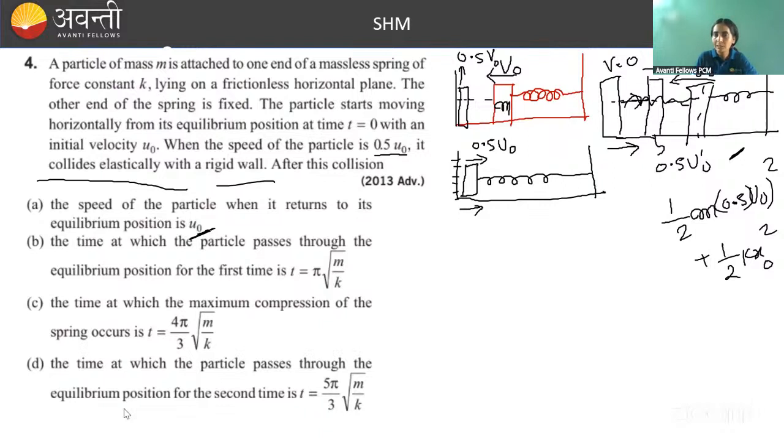So before collision energy, after collision energy, it's same. After all, this is elastic collision, right? It's same. So if here it has a speed 0.5 u naught, it is reverting back like this. When it will reach the equilibrium position, its speed has to be equal to u naught, right? Because nothing has changed.